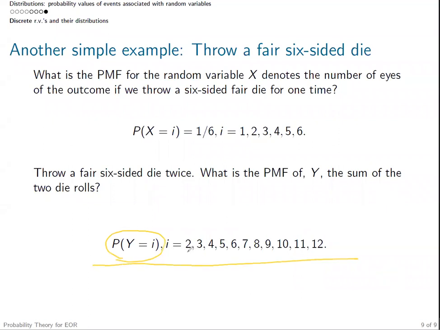With i from 2 to 12, because the sum is at least 1 plus 1, and the maximum number could be 6 plus 6. You can try to calculate the probability values of these random events, and try to think about how those numbers are linked with the numbers presented here.